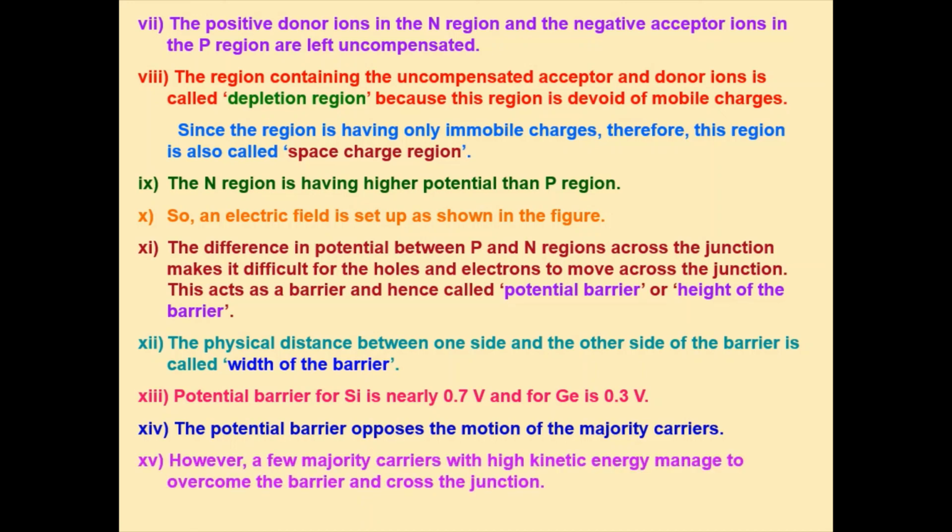But a few majority charge carriers which have higher energy can diffuse across the junction because they have enough energy to overcome the potential barrier.